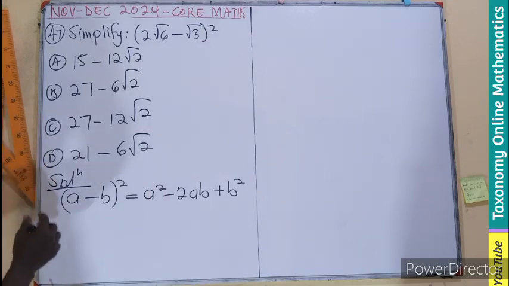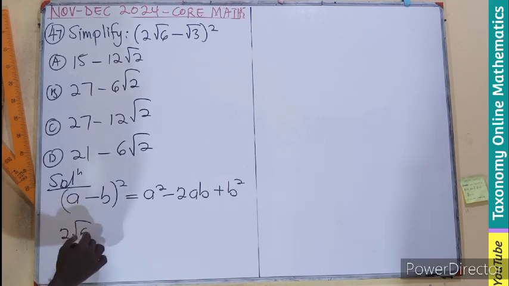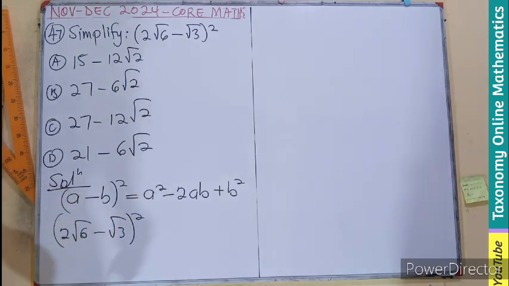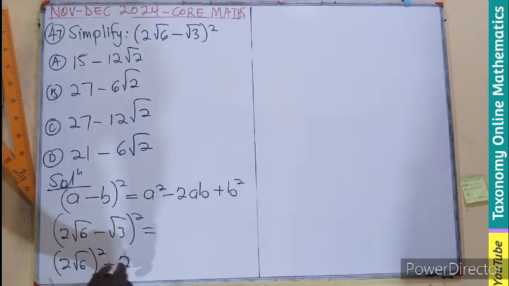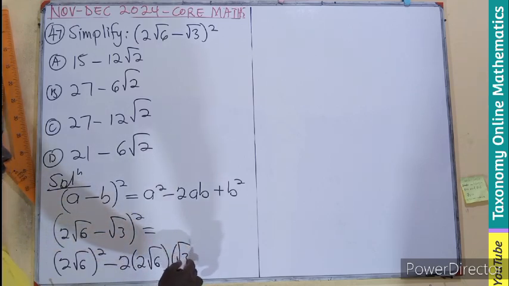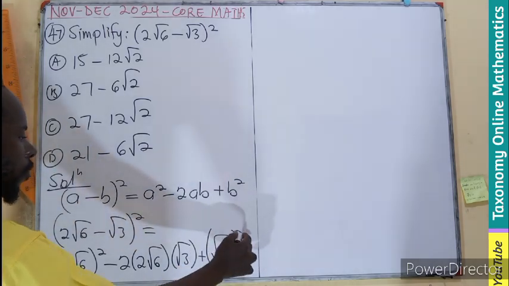So in the case of this, I'll be having (2√6 − √3) all squared, squaring the first, meaning (2√6) all squared, minus 2 times 2√6 times √3, plus (√3) all squared.